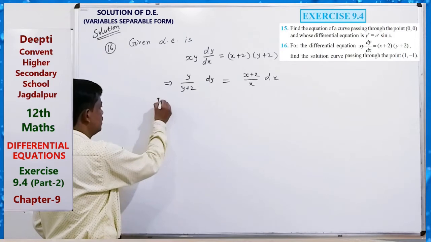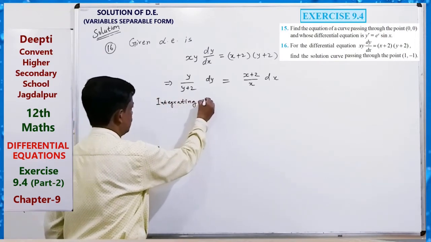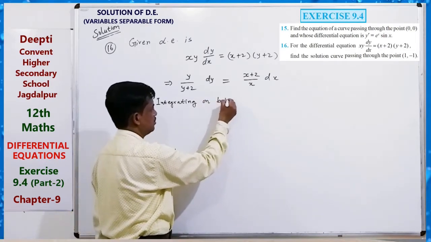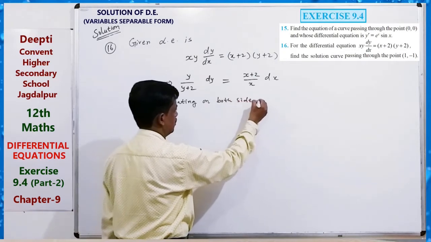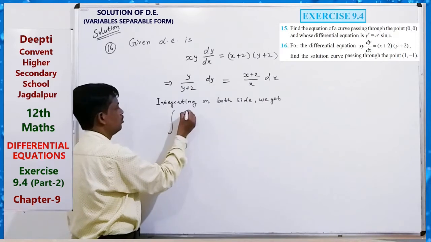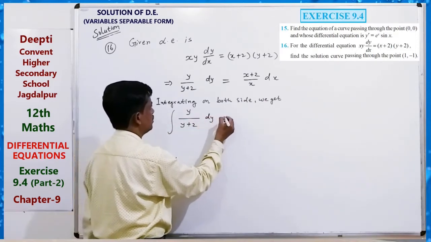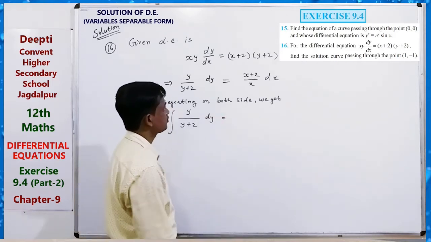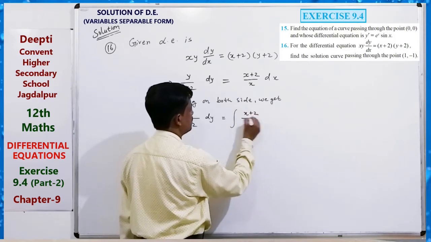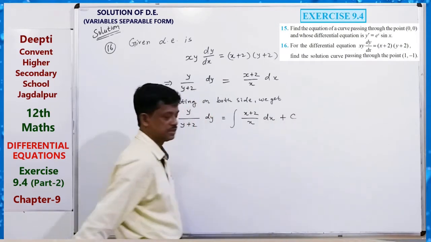Here, integrating on both sides. So y(y+2) dy equals the integration of (x+2)/x dx plus constant.